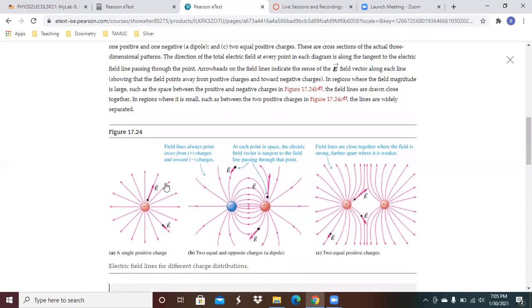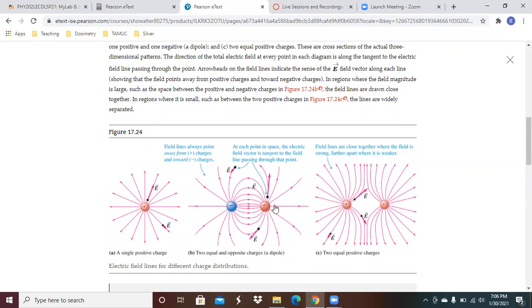So you can see in this particular part of figure 17.24, part A, the field lines are emanating from positive charge outwards. That's just a single positive charge. Here we have a dipole, or a positive and a negative charge.